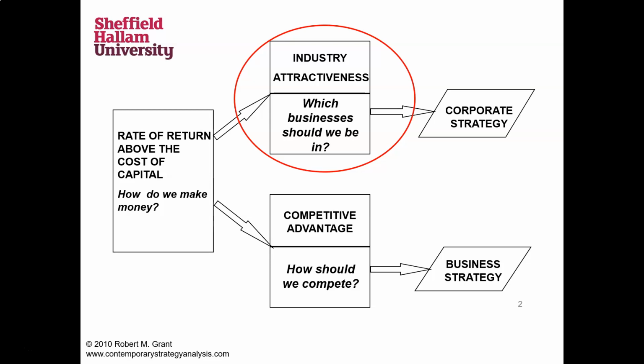Are we performing well in these areas? Or are there great opportunities, or can we exploit our strengths well in other industries which are attractive to us because of market forecasts, or because we believe that we have the right strengths to allow us to make headway in that market? And the question about which businesses we should be in falls into the sphere of corporate strategy in strategic management.